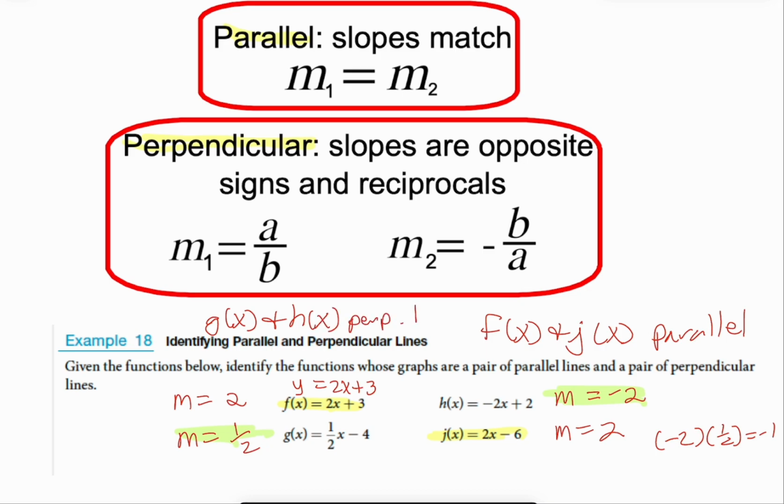You can even go back to your geometry roots there and use that little perpendicular symbol. So two lines are parallel if they have the same slope. Two lines are perpendicular if their slopes, when multiplied, give you -1, or you can think of them as opposite signs and also reciprocals. Or opposite reciprocals, I'll kind of say, which will take care of both.